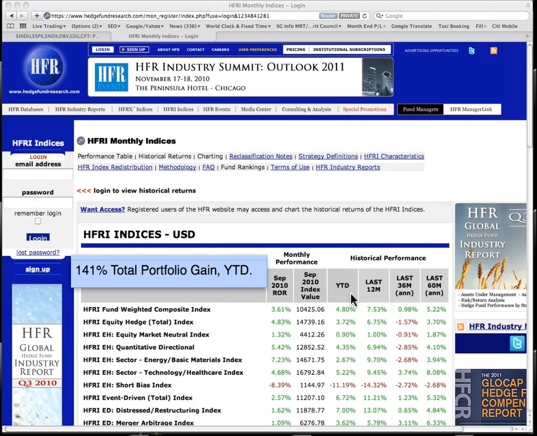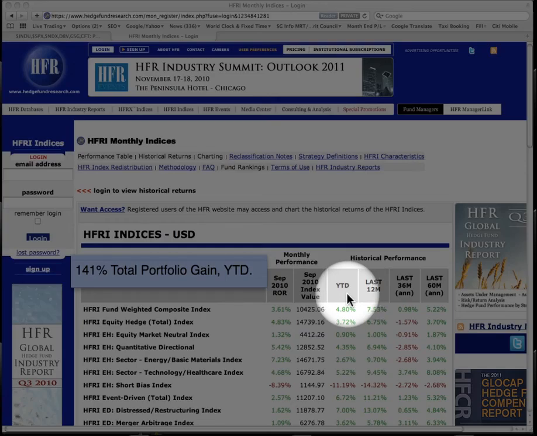Now let's compare the retail portfolio's gains of 141% against professionally run hedge funds. Hedge fund research specializes in the areas of professional index trading and analysis of institutional hedge funds.